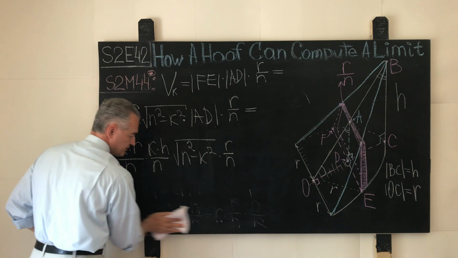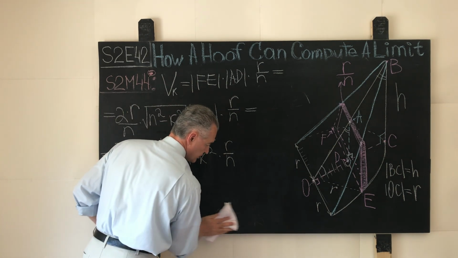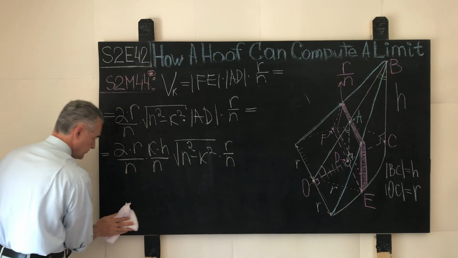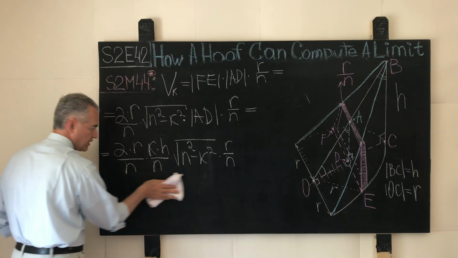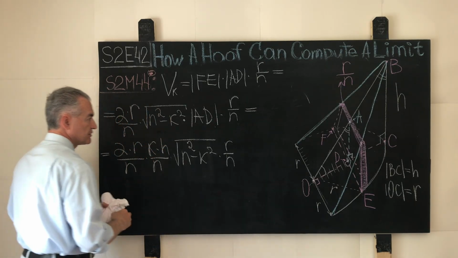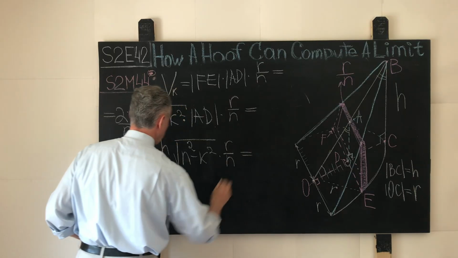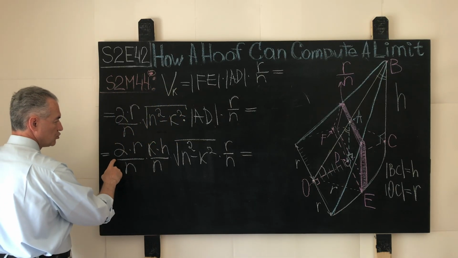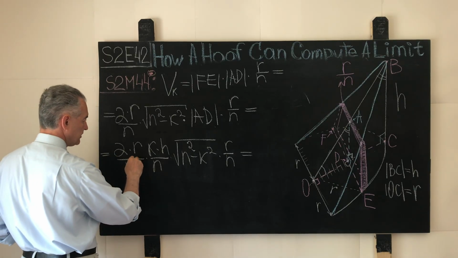Now, this is just doing a little bit of arithmetic. This is not mathematics. Mathematics was the process of generating an idea to bring in this wonderful solid known as the hoof or the wedge of Archimedes. This is just middle school symbolic shuffling. And what do we have now? Let's collect everything into one place neatly.